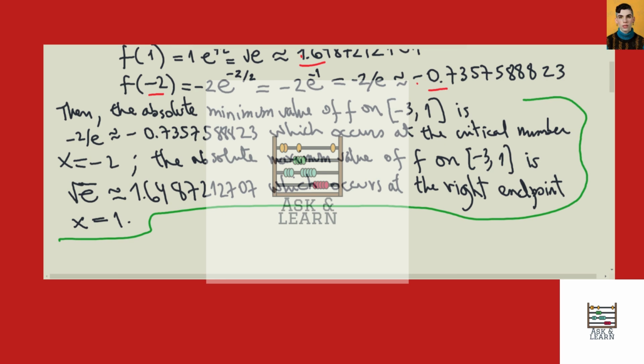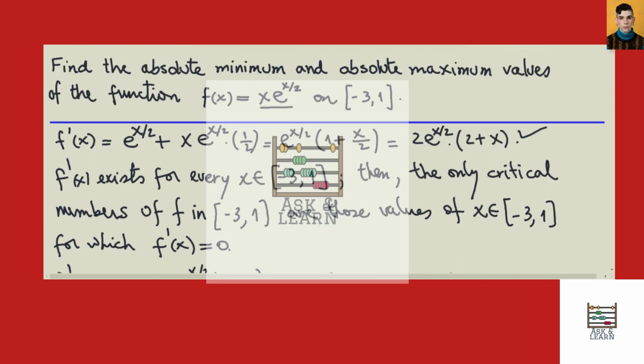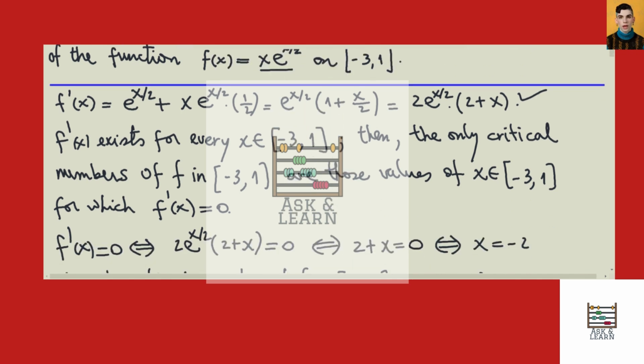And now let's recall what we did here. The first thing is to notice that the function being continuous and defined on a closed interval, we know that it attains its extreme values on that interval, and the points where the function attains those extreme values may be either the endpoints of the interval or critical numbers of the function in that interval.